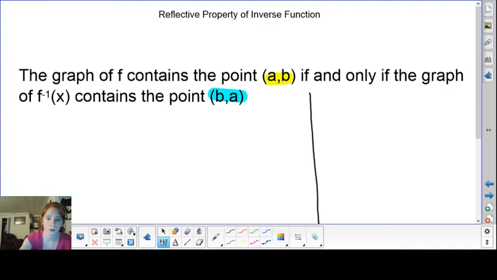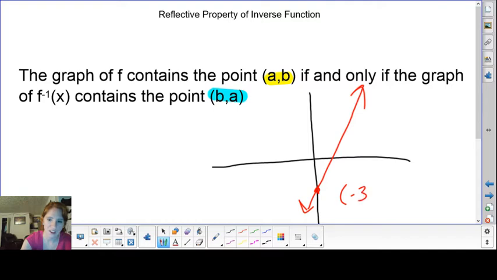I have some random graph, and say I have my f of x here, and it hits at the point, oh, let's say -3, 0. Wow, I can't name points today, can I?